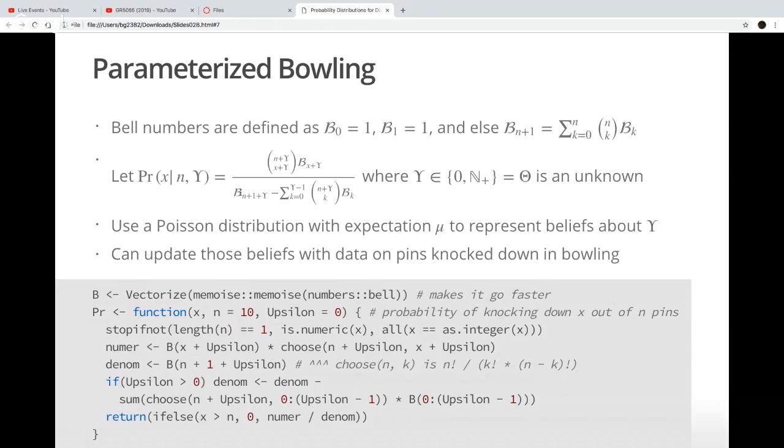And so that gives us a parameter space theta that we can think of upsilon living in, and that's the non-negative integers. And we've only learned one probability distribution for the non-negative integers, so we have to go with that one, at least for now.